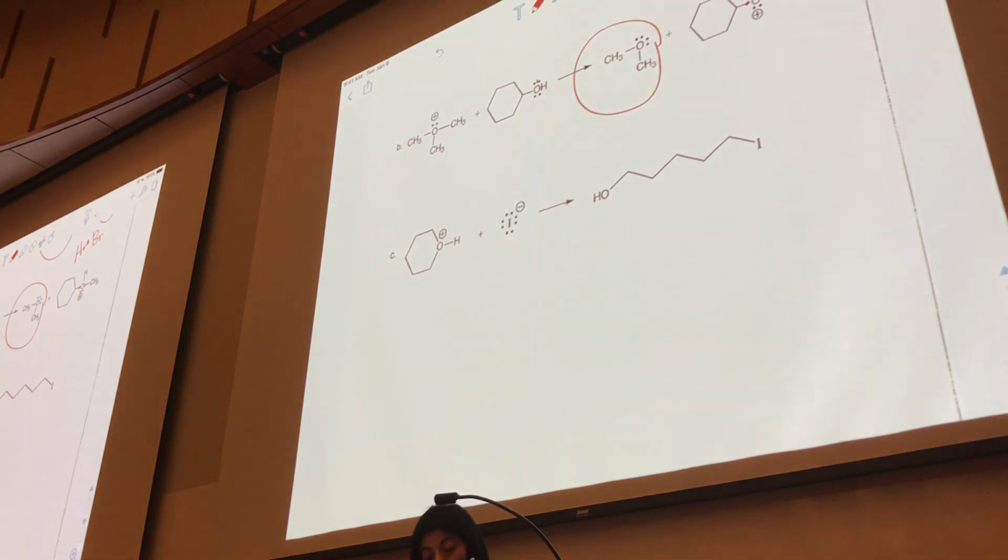That means that there was a bond that was broken in order to form that. This bond must have been broken. Okay, you see how it's gone? It was there, now it's gone. And then what was formed on the other side, we can see that you have this OH that is analogous to this OH. The bond that was formed was the one between the oxygen and the methyl group.